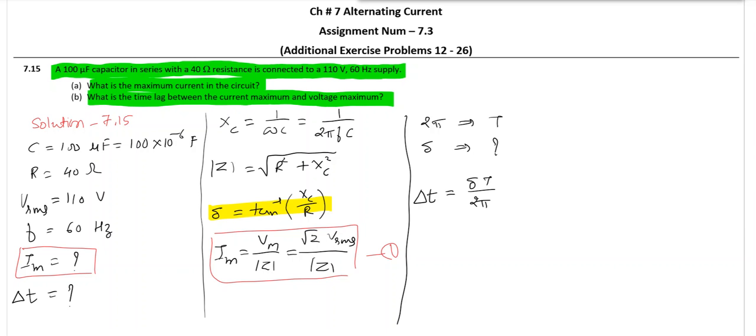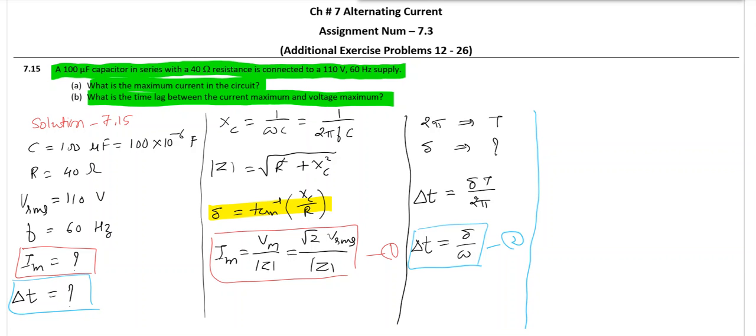Now 2 pi by T is omega, and hence delta T is phase difference divided by omega, and that is your second required answer. So substitute these two values and you will have two answers demanded by 7.15.